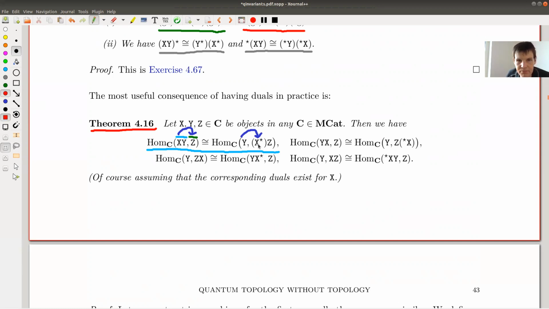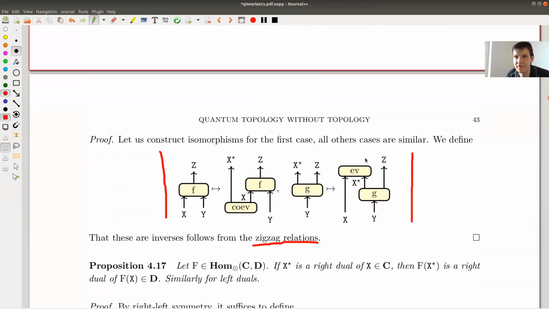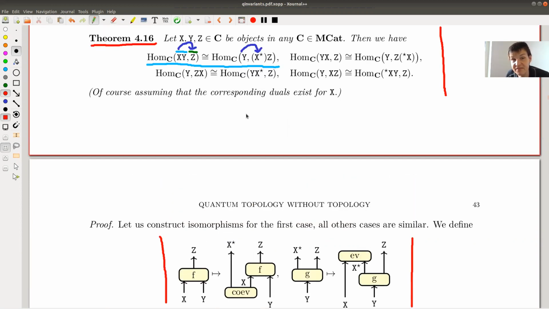So I can pull things from one side to the other by using duals, and this is really an important theorem. It's really good to keep in mind. Proof is, as I said, basically trivial, well, maybe not trivial, but it's easy. This is a really good thing, and we will see it several times. So just keep it in mind.